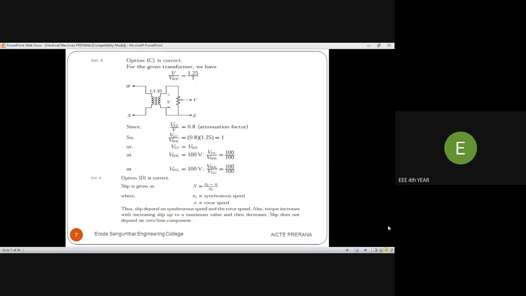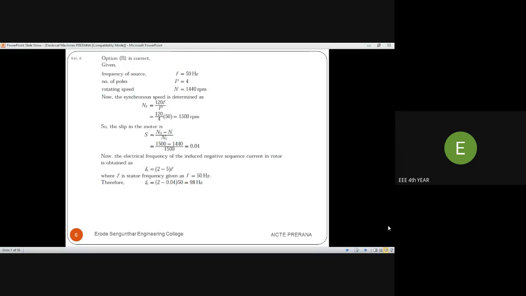We get the value one, so VYZ is equal to VWX. Substitute VWX equal to 100 volts and VYZ equal to 100 volts. Then VYZ by VWX equals 100 by 100, and VWX divided by VYZ equals 100 by 100. That is the final answer. We get option C as the correct answer.